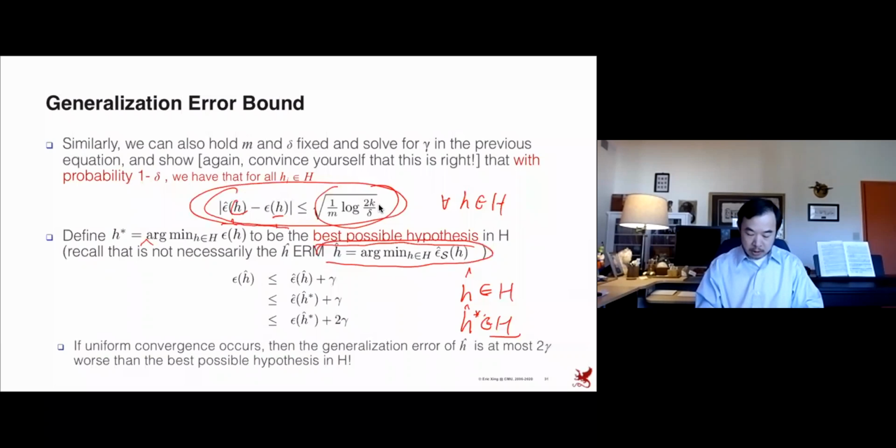So we use the bound once in this equation. Okay, so this is the difference of the estimated epsilon versus the true epsilon. The estimated epsilon is on the data, and the true epsilon is the generalization on testing data. And this differs by at most gamma.